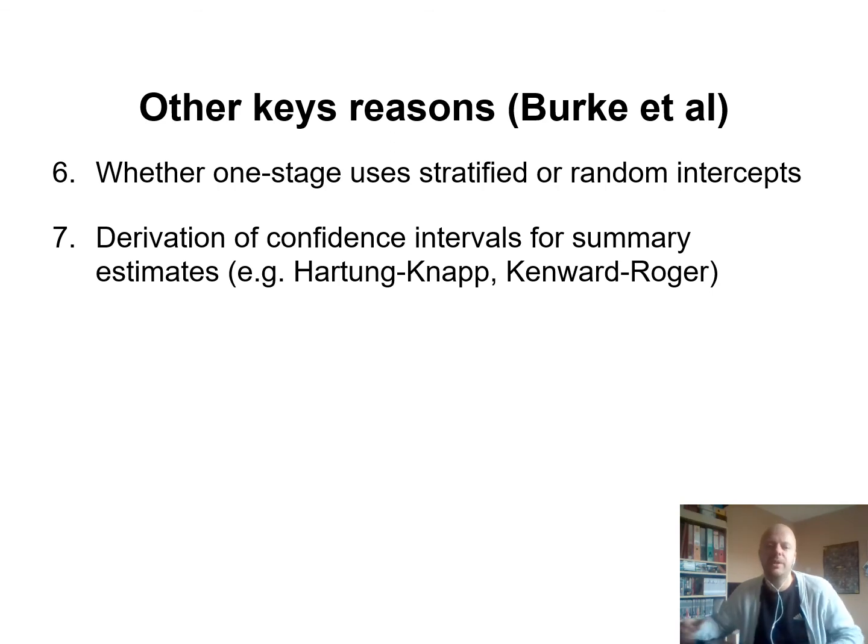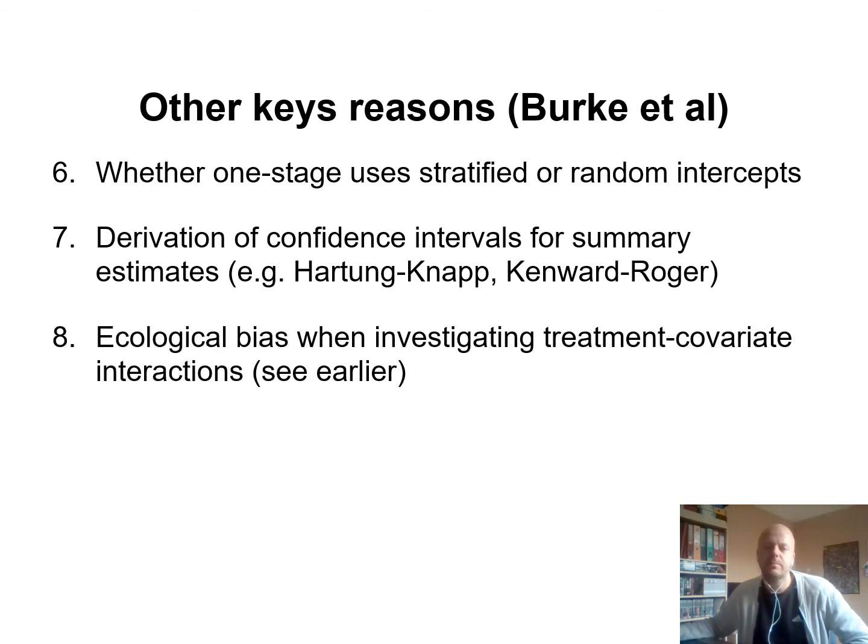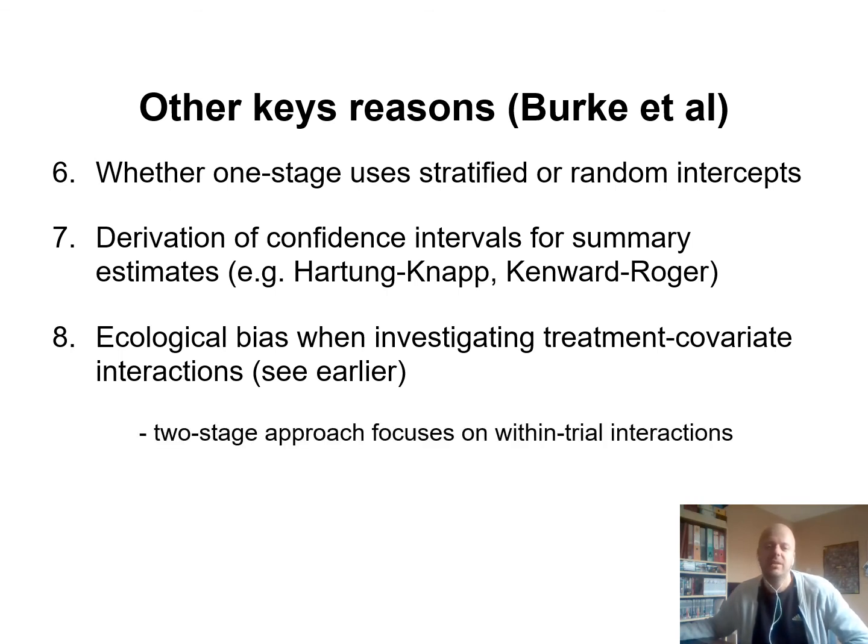In a one-stage method, that isn't available, and you might want to use a Kenward-Roger or a Satterthwaite approach to deriving confidence intervals. If you don't adjust for ecological bias, aggregation bias, in a one-stage model, but you do in a two-stage, that will lead to differences, as we discussed earlier.